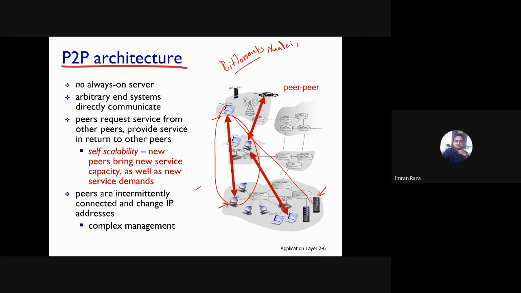Then we have internet telephony such as Skype, which is also peer-to-peer. What else? We have IPTV, right? So IPTV is also a peer-to-peer application category.